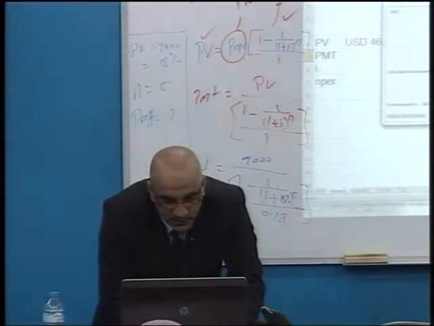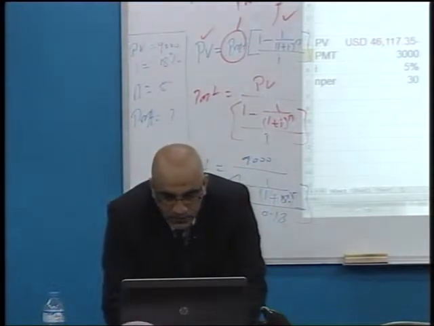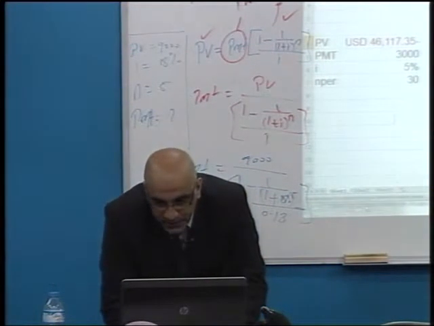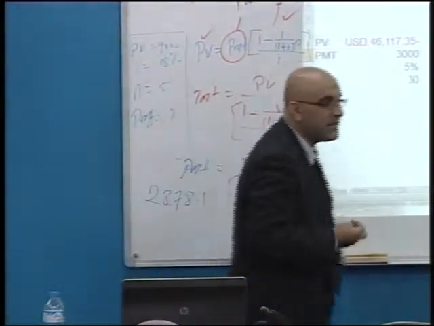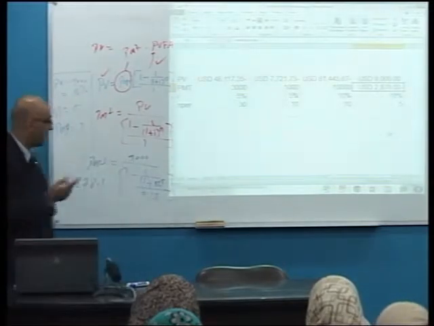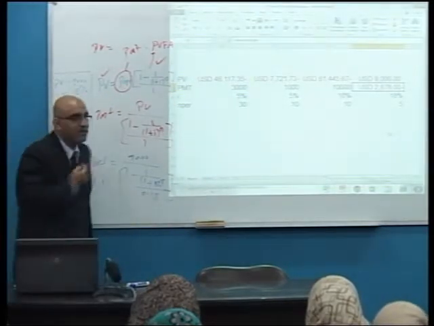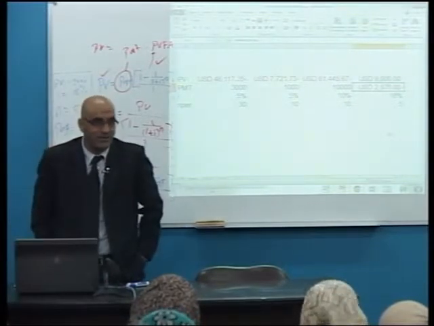And get the answer. This is the answer. Just try to change this. So we have $2,878. If you don't have this answer, please try to think on some courses how to use your calculator.